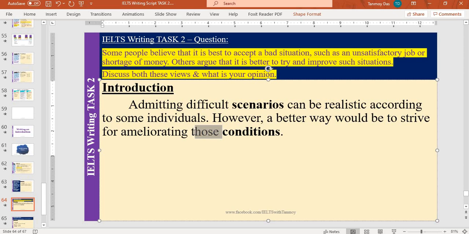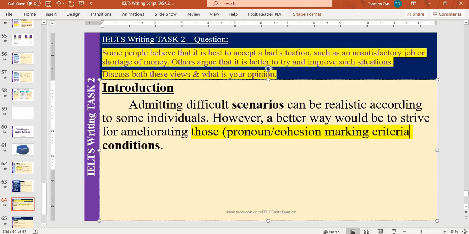Also here, when I said those conditions, those refers to your skills in pronoun. Okay, it will contribute to your cohesion marking criteria. Okay, not criteria, it should be criterion.